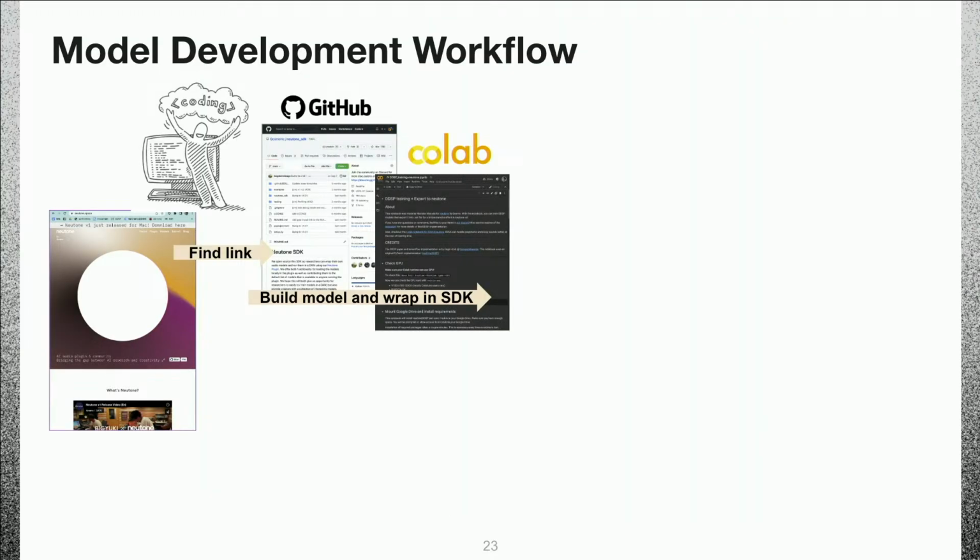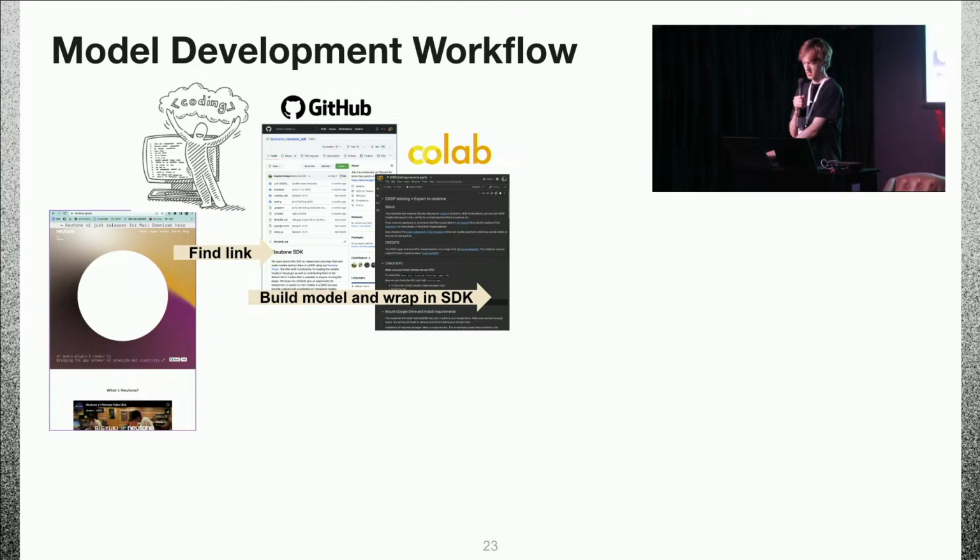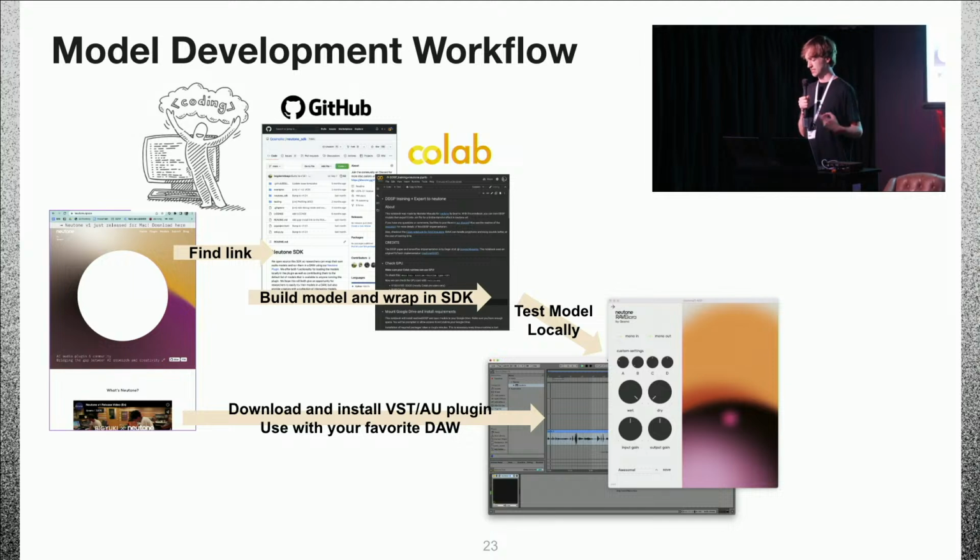If you are someone that builds a model, you would find our SDK and import it with pip in your development environment. Then you'd wrap your model and build it. And then you test it locally, because we provide this host companion called Newtone FX, which lets you load the exported models.